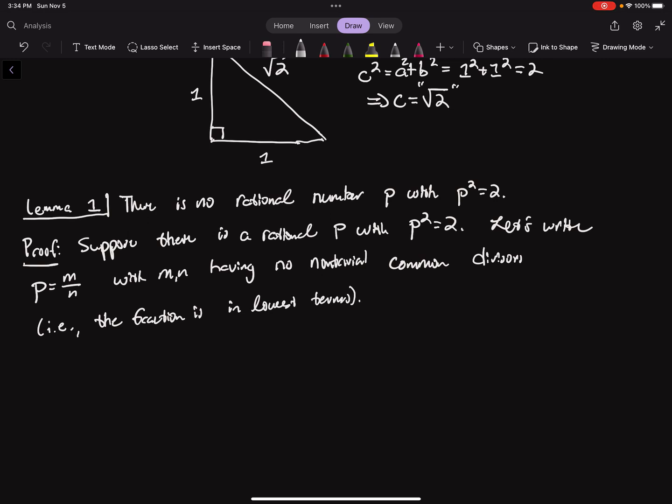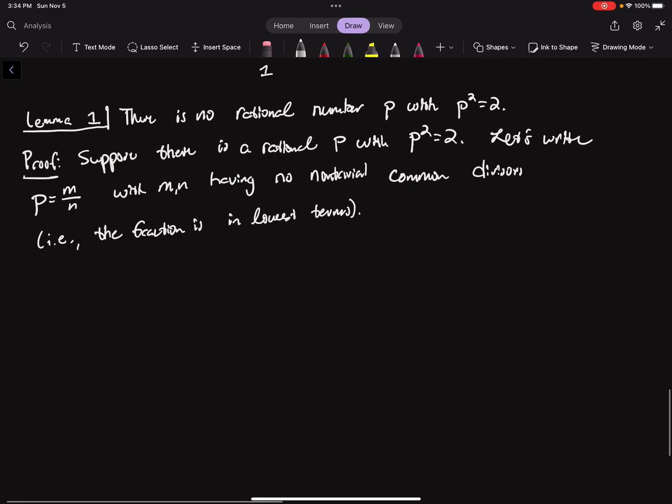And the point of that is, if it wasn't written in lowest terms, say we had 6 over 4, we could reduce that to 3 halves and nothing would change. So this should be something we can do. Okay. Well, this all seems good so far.